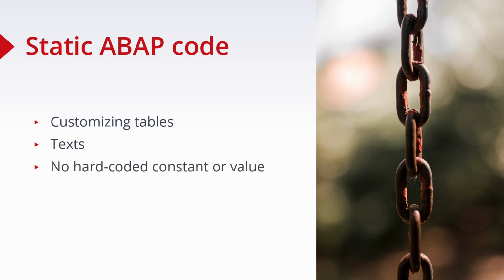So you should never use hard-coded constants or values. As we see in here, texts are the best examples for this. No matter, for example, for translations or the adaptations of text, a generic approach is more effective in productive operations.